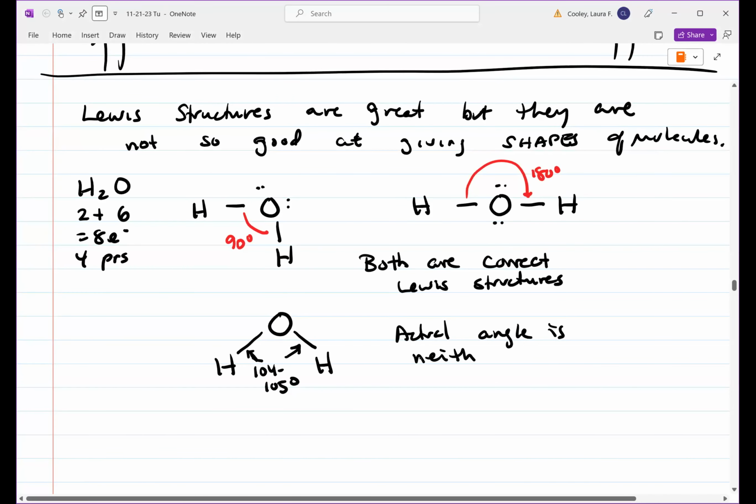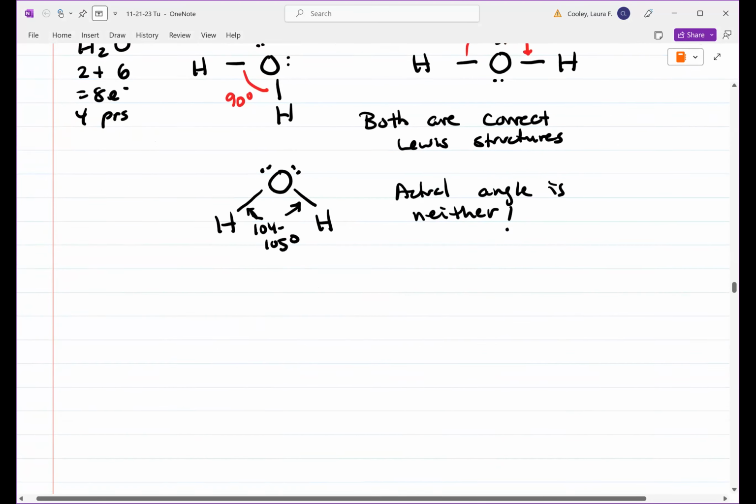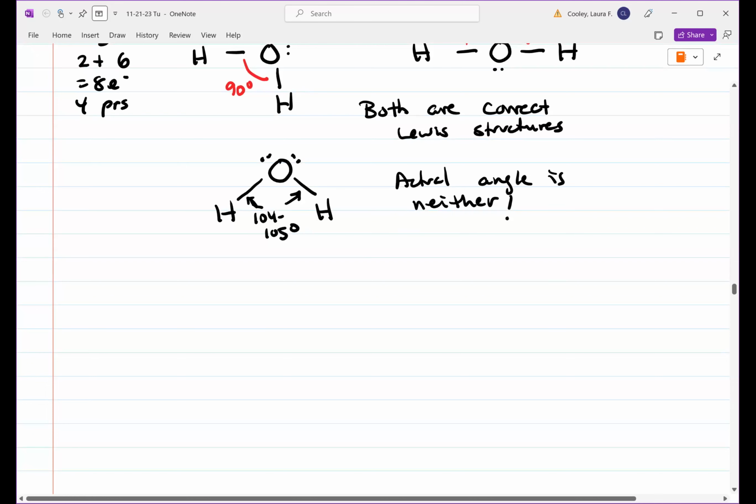And you're never going to know that from a Lewis structure. A Lewis structure tells you that as long as you put the lone pairs there, those are correct. So the question is, how can we understand that this angle is not 90 and it's not 180, but in fact is 104 or 105? Why?